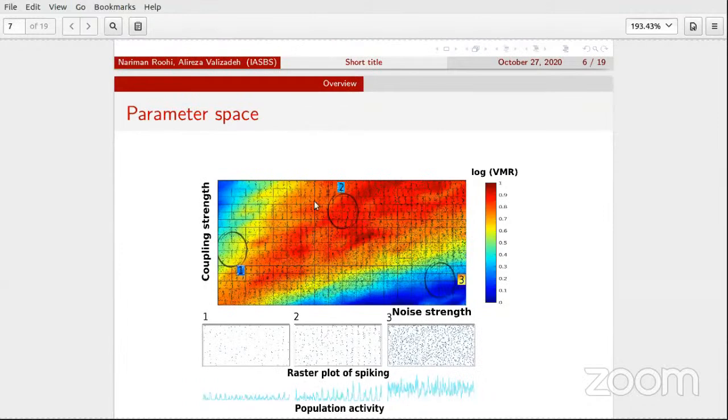For the first step of our investigation, let's expand the parameter space for various noise strengths and coupling strengths between the nodes, and you can see various kinds of dynamical regime in this parameter space in this figure. Variance to mean ratio of network activity: we use this measure as the synchrony index of network activity.